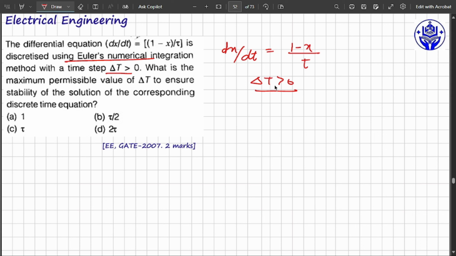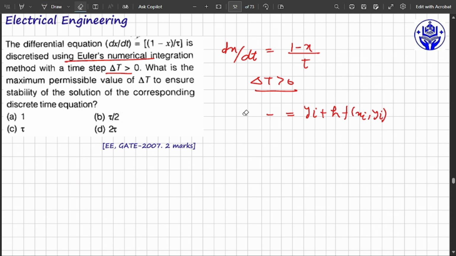That's the simple concept. This is 1 minus x by tau. So in this case we can find h here. In the form of h, we are finding the numerical scheme y i plus 1 is equal to y i plus h into f of x i and y i.